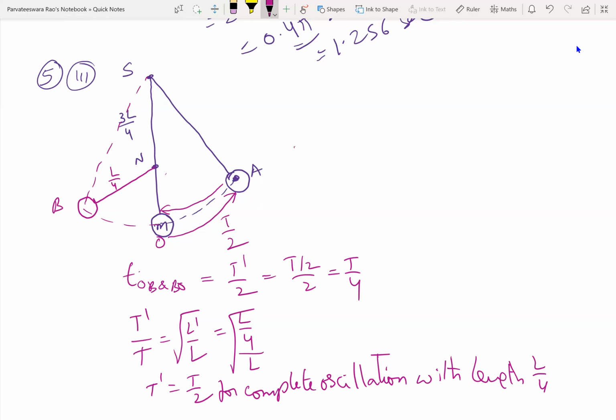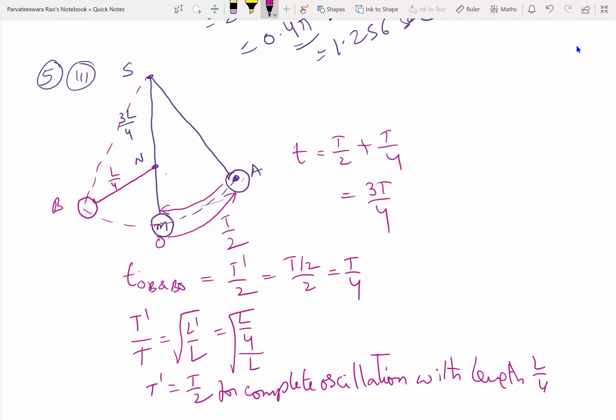So what is the total time taken by it to come back, A to O and O to A is T by 2, and O to B and B to O is T by 4. So it should be 3T by 4.